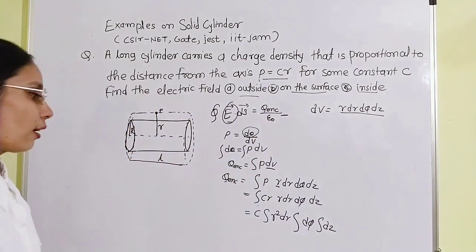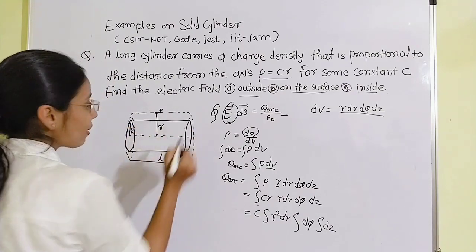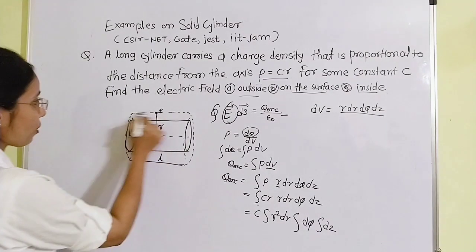So here the limit. This is our cylinder and this is our Gaussian surface.